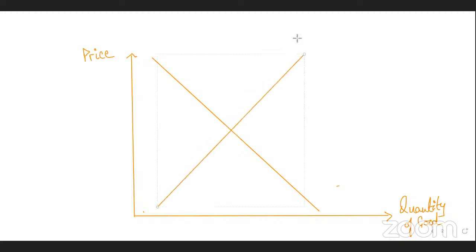Where the two intersect, that is market equilibrium. It shows us the equilibrium price and equilibrium quantity. Any confusion? So P1 will be the equilibrium price, Q1 will be the equilibrium quantity.